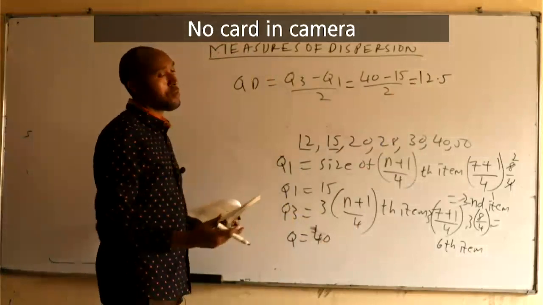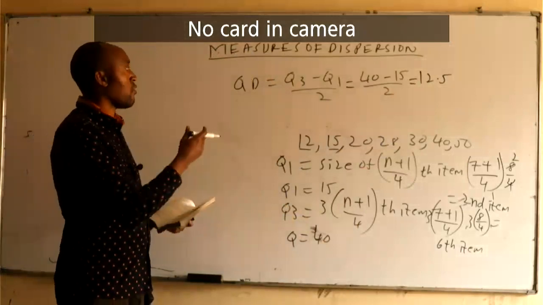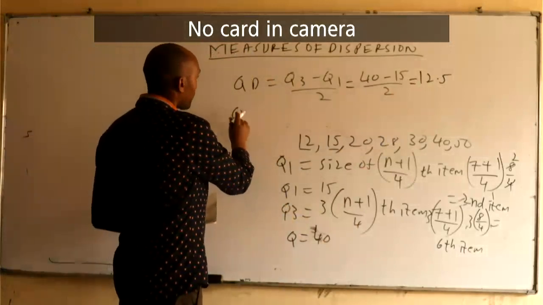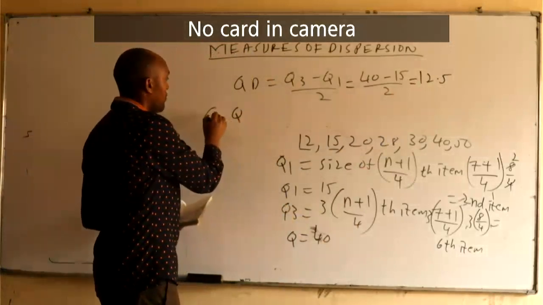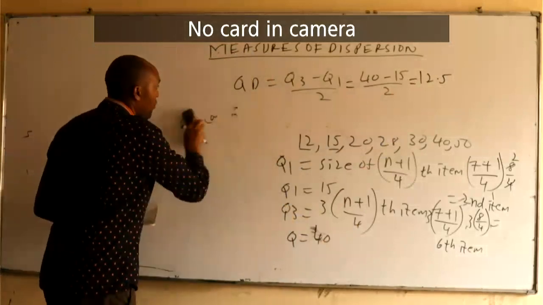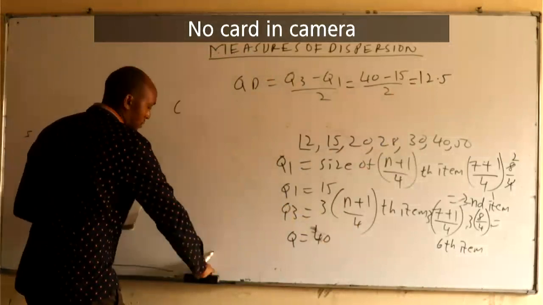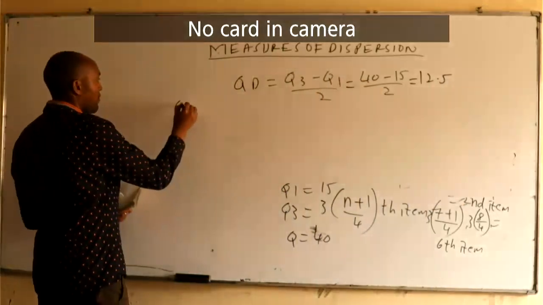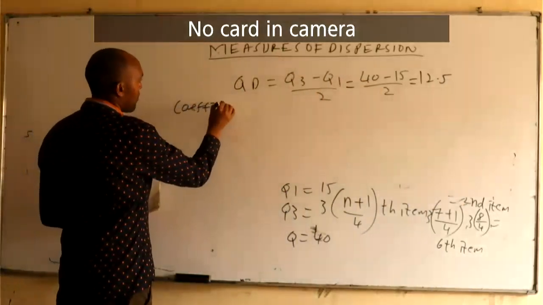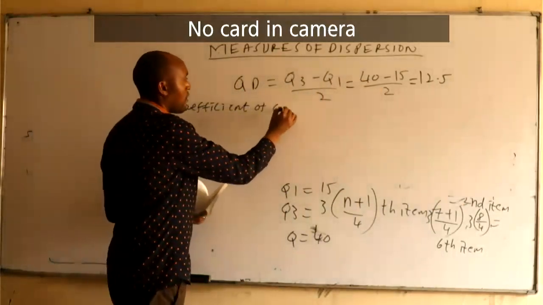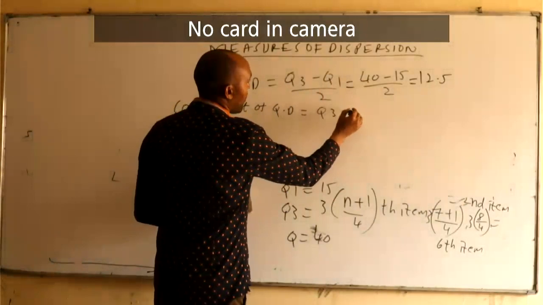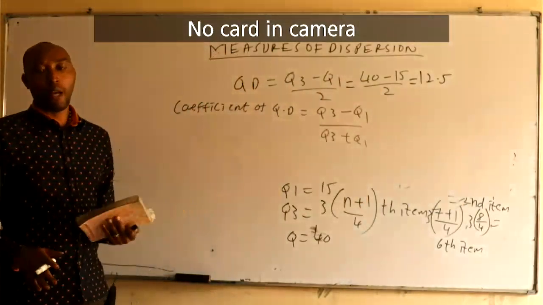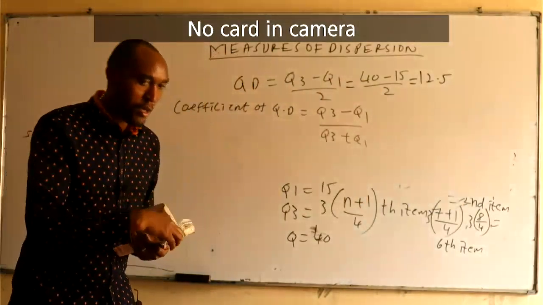In our question we were asked to look for the quartile deviation and its coefficient. So now the coefficient of quartile deviation is Q3 minus Q1 divided by Q3 plus Q1. Once you already know the formula, things are always easy from there.